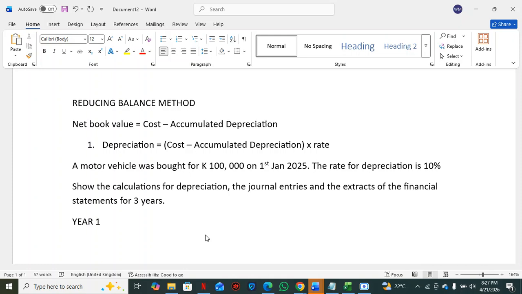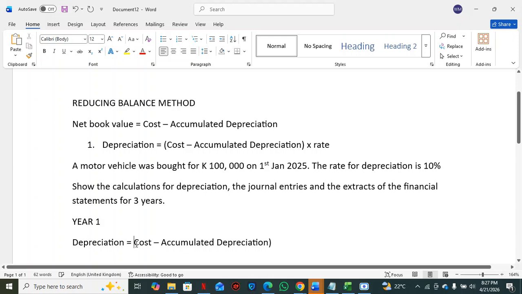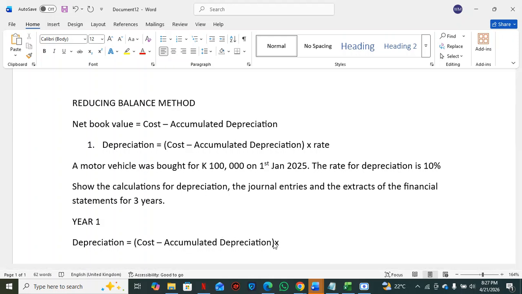So at the end of year one, depreciation equals cost minus accumulated depreciation, times the rate.